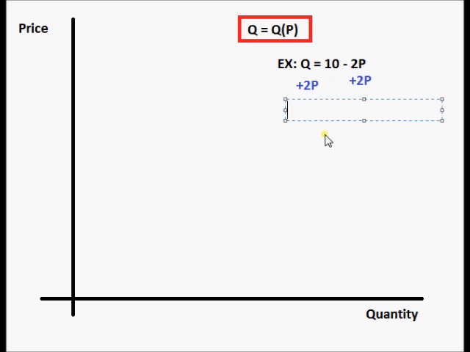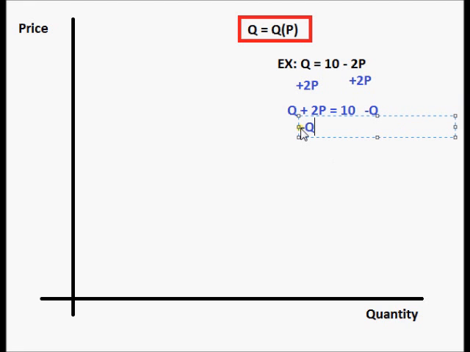This reduces to Q plus 2P equals 10. I'm doing this really slowly here. Then you can subtract Q from both sides, and it cancels the Q on the left-hand side and brings it over to the right-hand side. So we end up with 2P equals 10 minus Q.